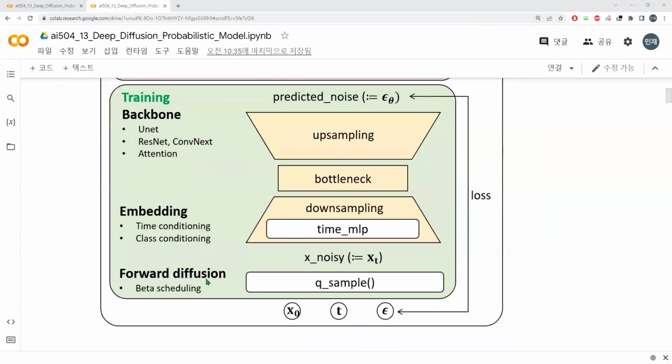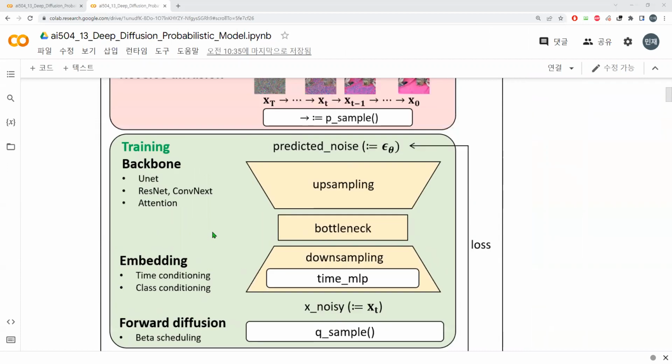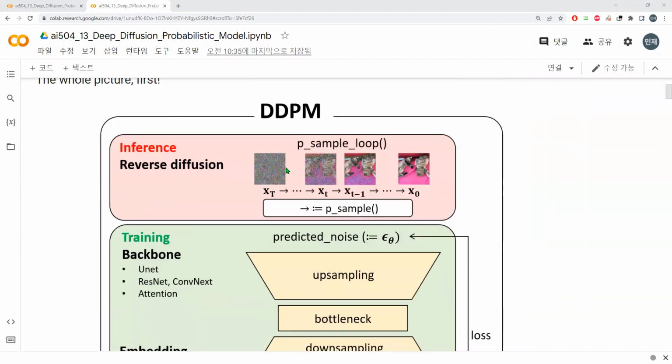In the forward diffusion process, you can do a quantum jump from 0 to a specific time step t, but in the reverse diffusion process, you can only reverse a single step. So we have to go through a total of large T reverse diffusion steps.